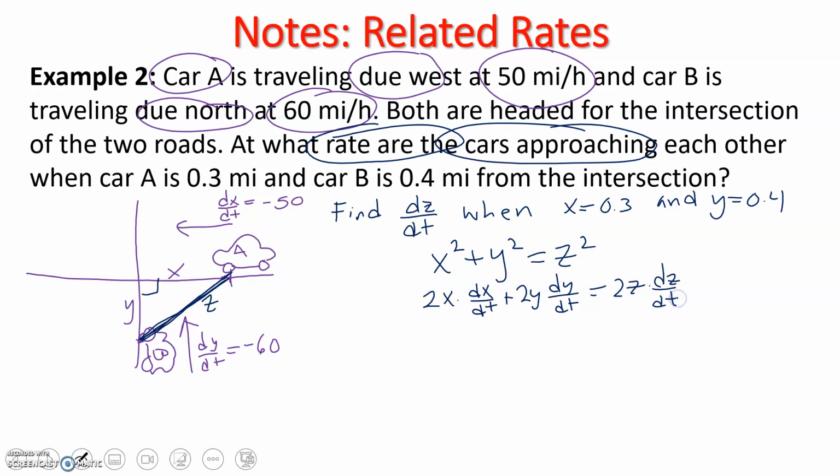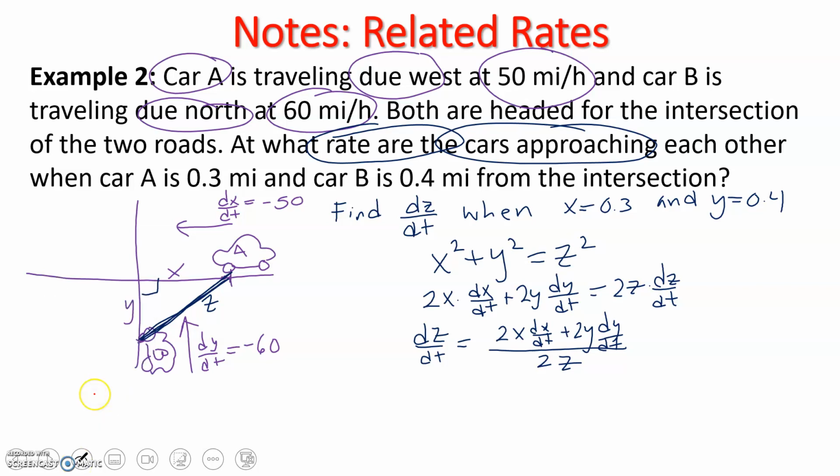Now we'd like to solve this equation for dz/dt, so we'll divide both sides by 2z. And we get that dz/dt is equal to 2x dx/dt plus 2y dy/dt all over 2z.